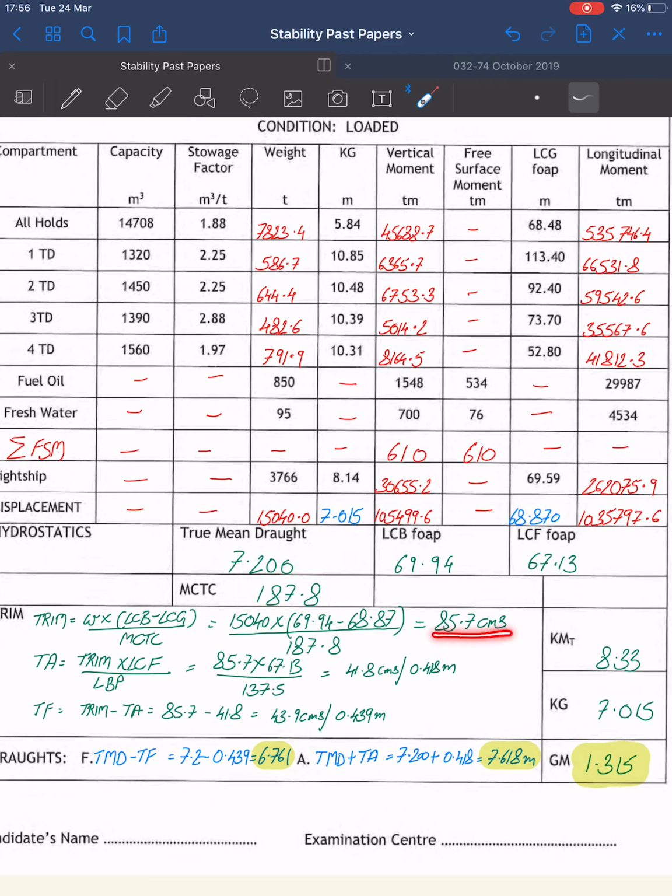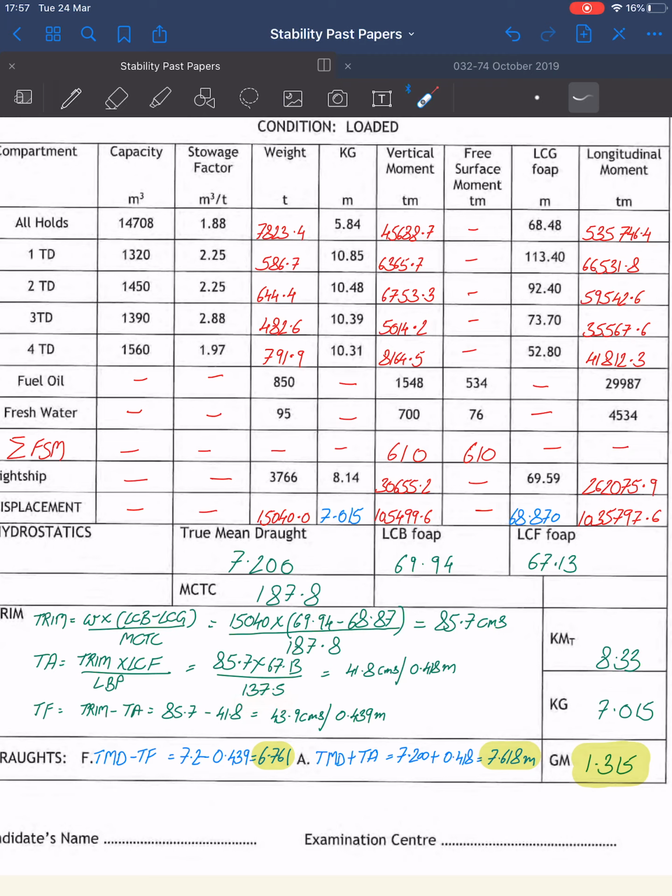Now that we have the final trim, which is the difference between forward and aft draft, we need to calculate trim aft. Trim aft is trim times LCF divided by LBP. We know that trim is 85.7 centimeters, we have taken the value of LCF from the hydrostatic data, and the LBP of the vessel is 137.5 meters.